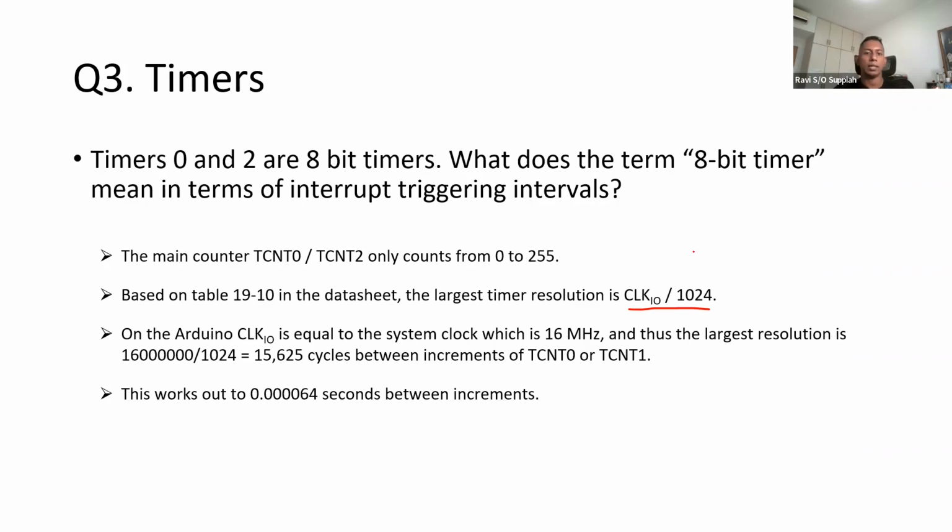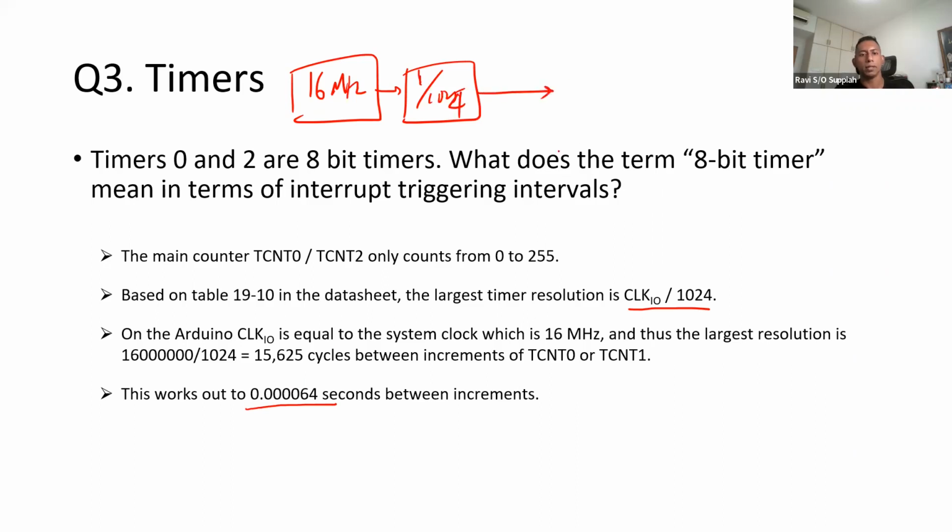Basically, you have your 16 megahertz clock going through the largest prescaler, 1 by 1024, which gives me 15.625 kilohertz. This is the frequency at which I increment TCNT.